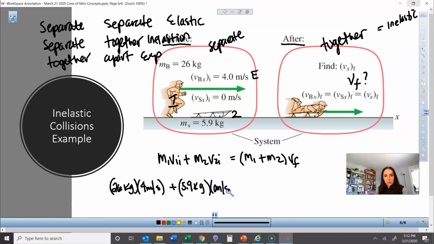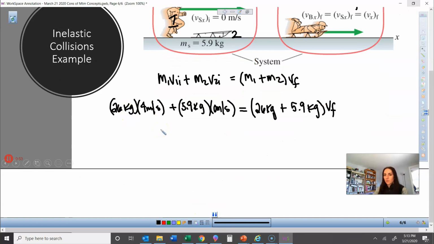Now, if you want to shortcut this and ignore this whole term, you can, because 0 times this will just be 0. But I want to put it here as a placeholder and show you that I am applying this equation. So M1 is 26 kilograms plus 5.9 kilograms, V final.